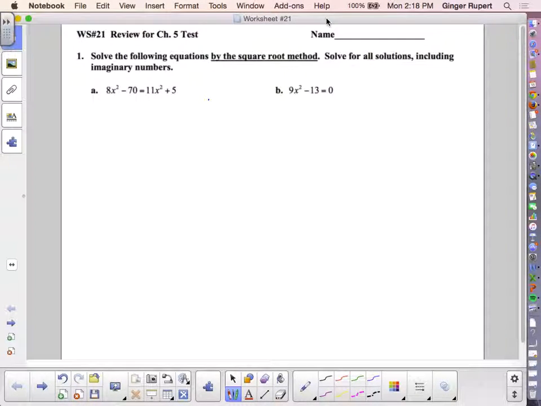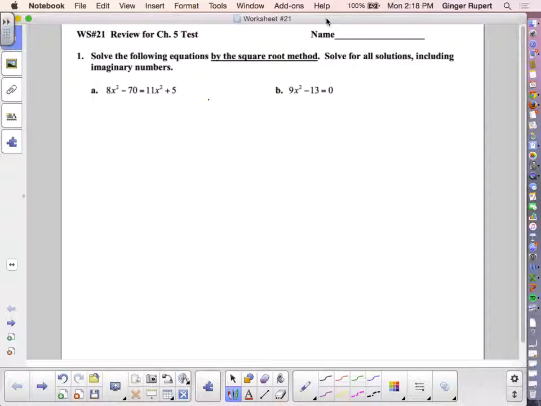It says solve the following equations by the square root method. Solve for all solutions including imaginary. So the square root method means that there isn't going to be a b term. There's just going to be ax squared plus c equals 0. So let's get all of the terms on one side and see what we have.